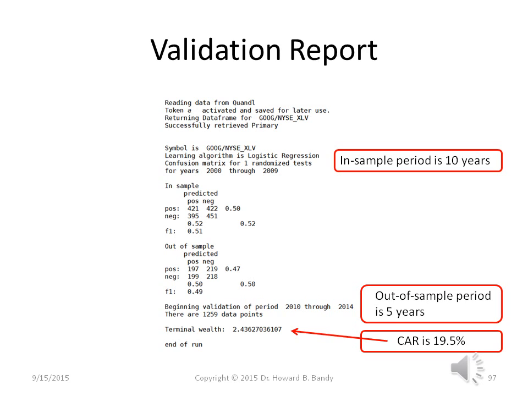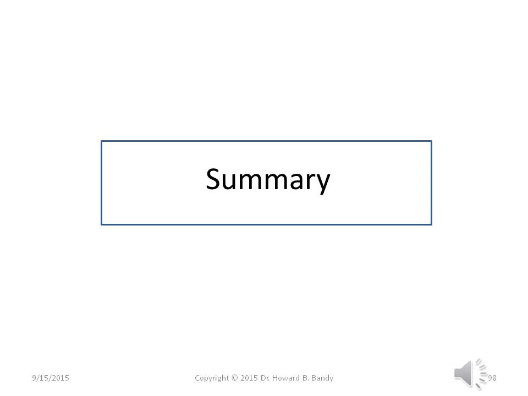The in-sample period is 10 years from 2000 through 2009. The out-of-sample is 5 years, all of 2010, 11, 12, 13, and 14. And the terminal wealth of this particular run is 2.4, so the compound annual rate of return is 19.5%.